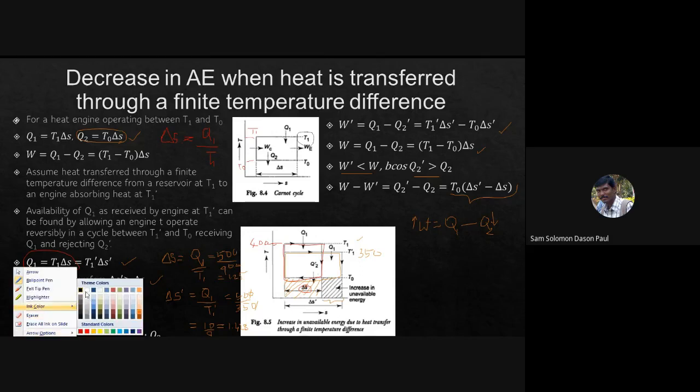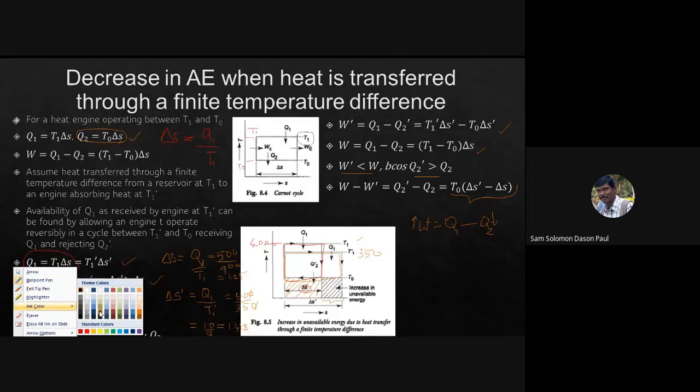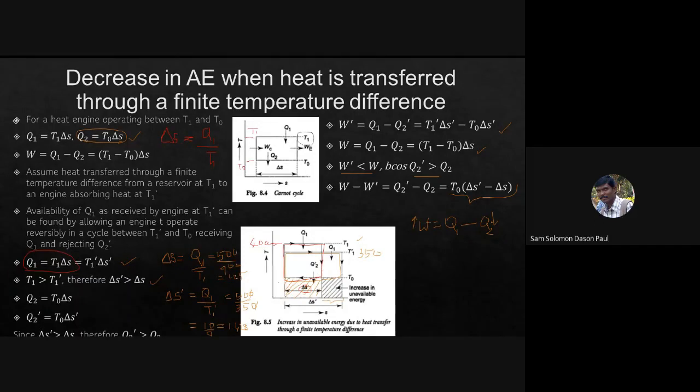I'm not sure if you are able to understand this, so I'll use another color here. This entire space is the unavailable energy when you are running a heat engine between T1 dash and T0. Okay, and what is the increase in the unavailable energy?